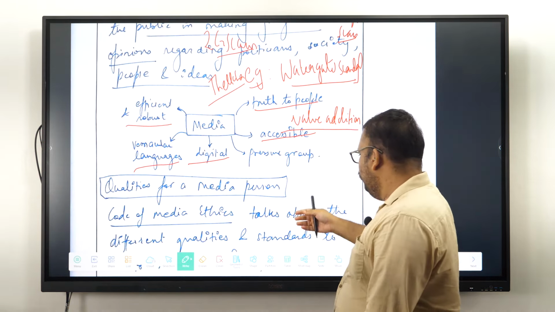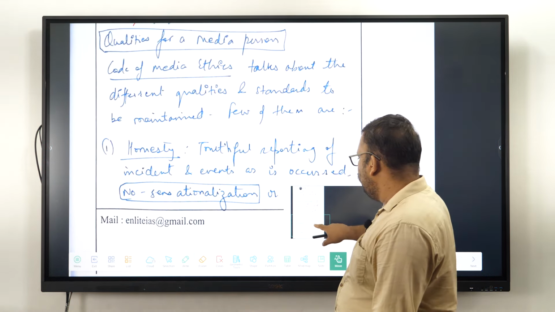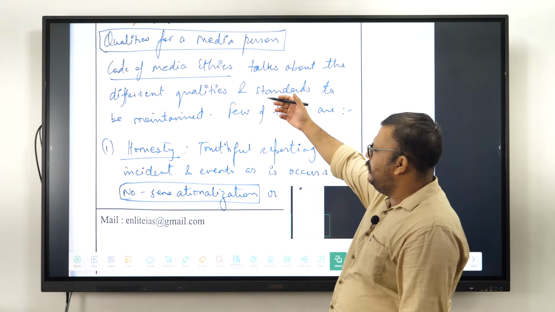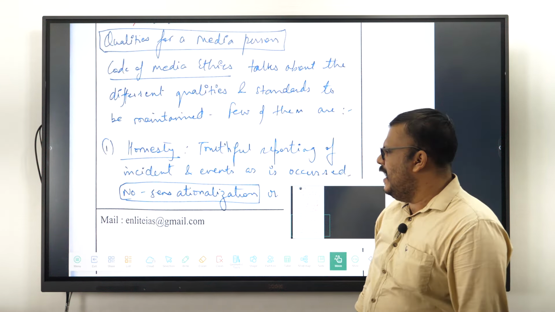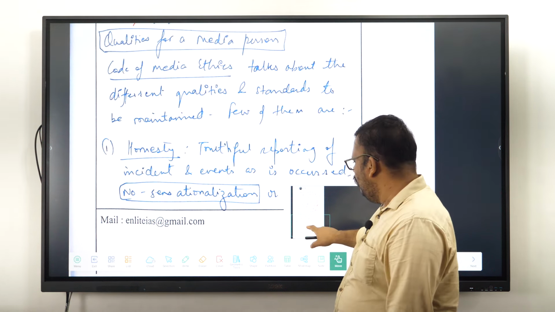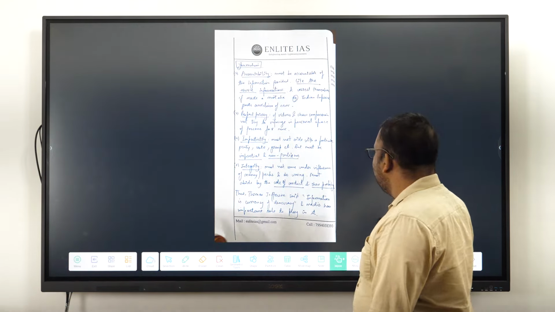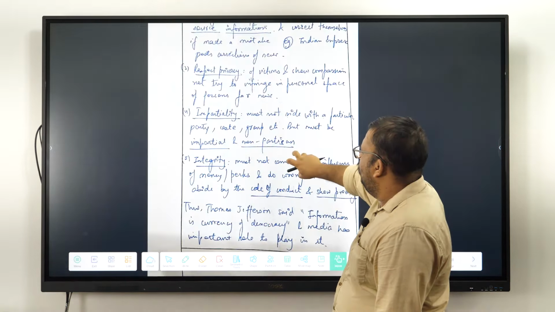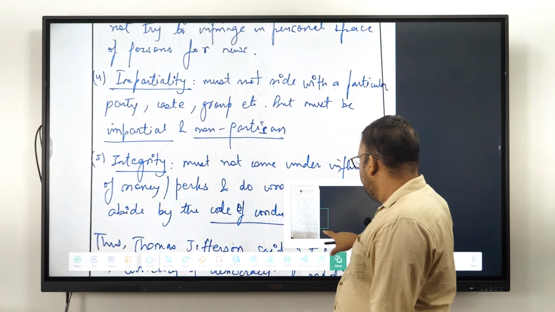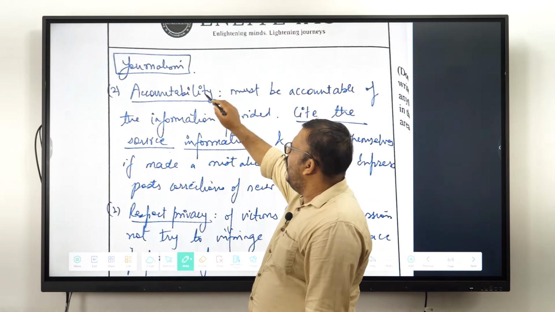Going through the answer, he has been trying to bring in the basic qualities of a media person. He is explaining it with respect to the code of media ethics. One point he is mentioning is honesty. So these are the values that a media person should have, honesty. On the second page, apart from honesty, we see that he has also introduced accountability.